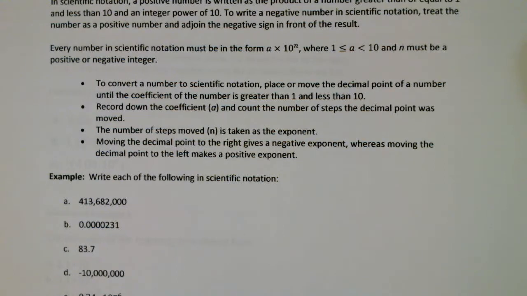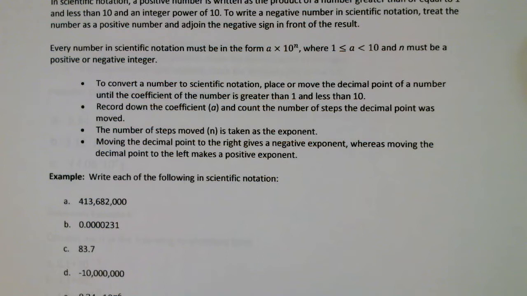Record down the coefficient, which is your a, and count the number of steps the decimal point was moved. The number of steps that was moved, which is going to be your n, is taken as the exponent. Now, moving the decimal point to the right gives a negative exponent, whereas moving the decimal point to the left will make it a positive exponent.